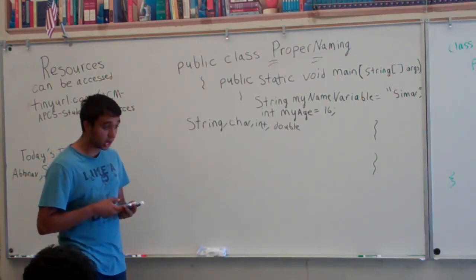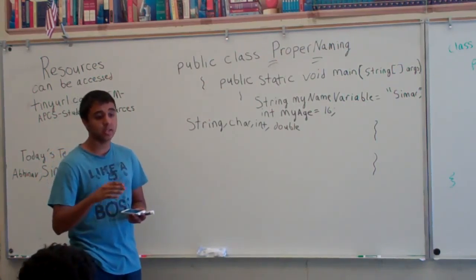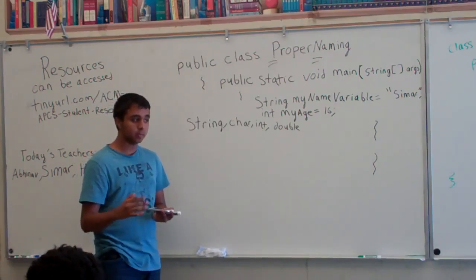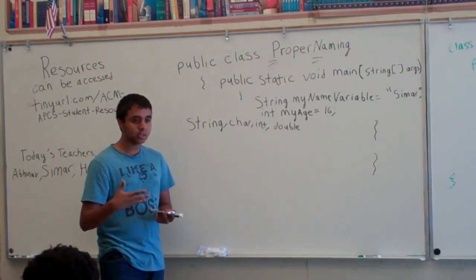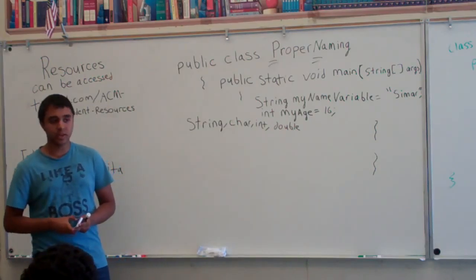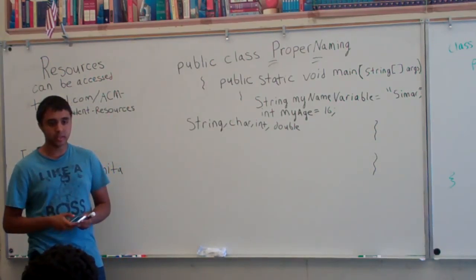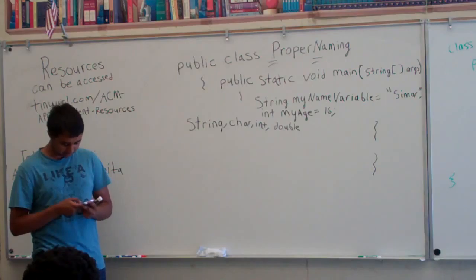Java has really specific naming conventions, and if you don't abide by them, the program won't be considered good quality code. So I want to make sure that I specify each and everything that's correct, and try taking notes on it.